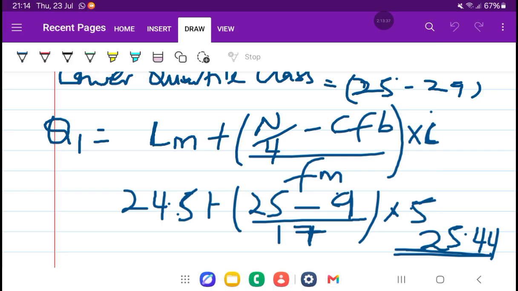If you are looking at the Q2, the classes are going to be different. Q2 is the median, and this is the median class.